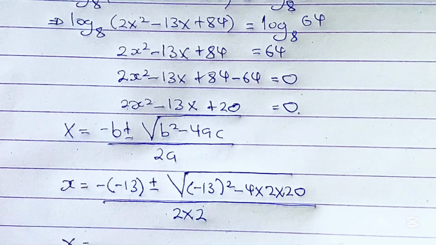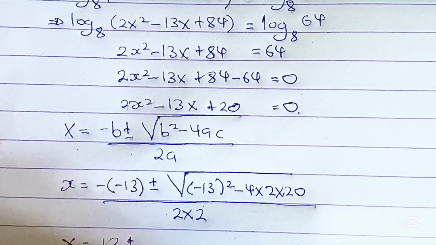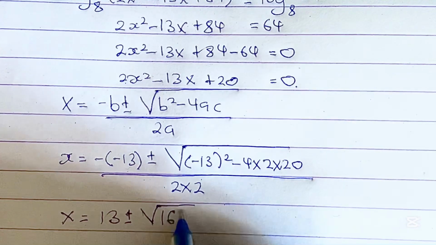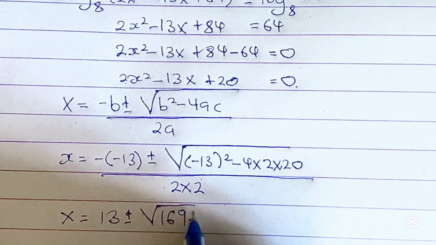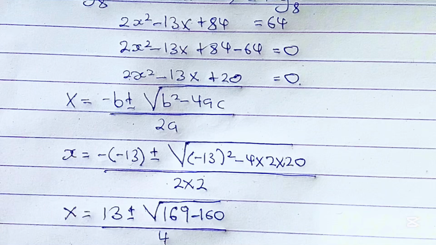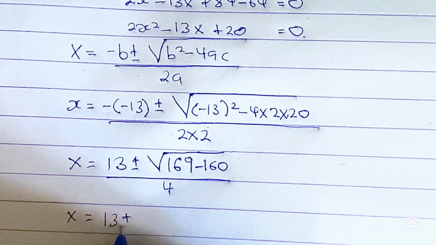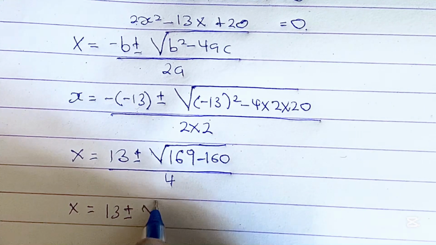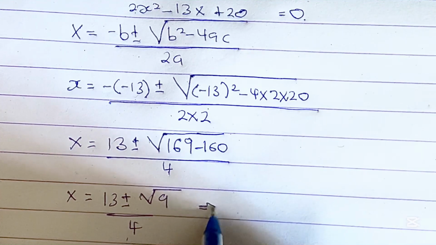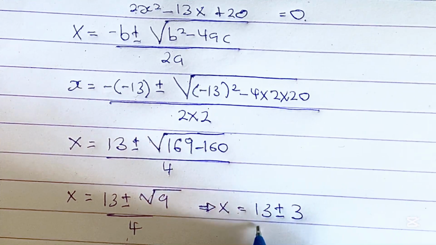When we simplify this, it's going to be 13 plus or minus the square root of 169 minus 160, over 4. So x is equal to 13 plus or minus the square root of 9, divided by 4. And this is the same as x is equal to 13 plus or minus 3, over 4.